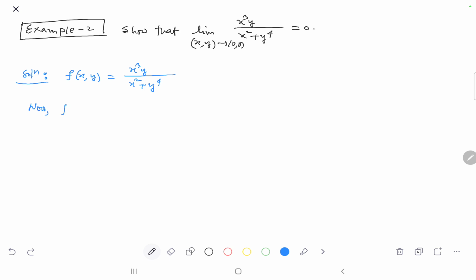Now estimate |f(x,y) minus 0|. This is the absolute value of x square y divided by x square plus y to the power 4, minus 0.